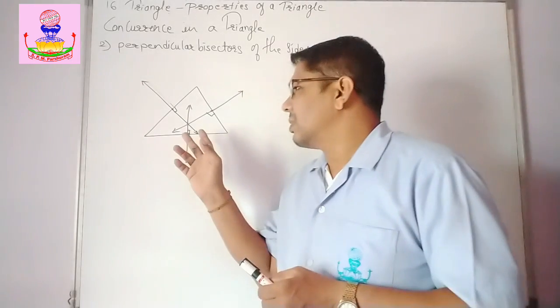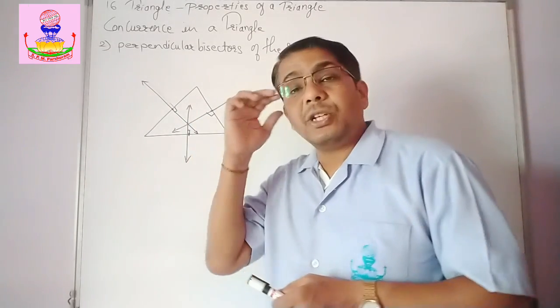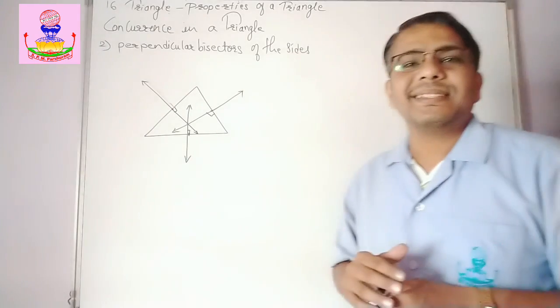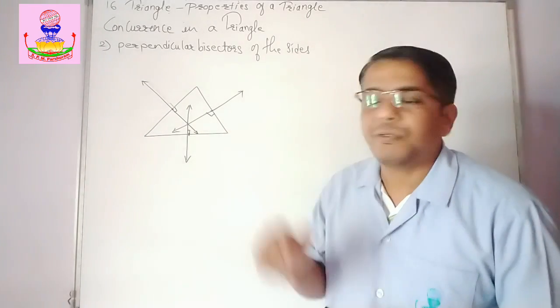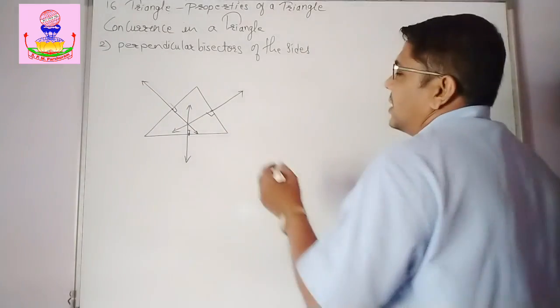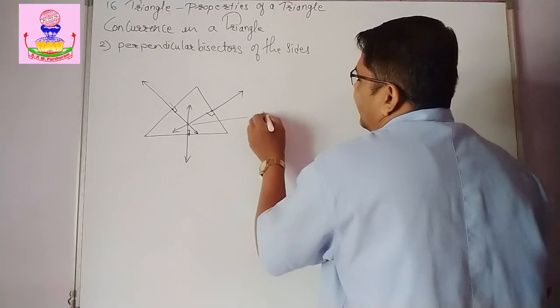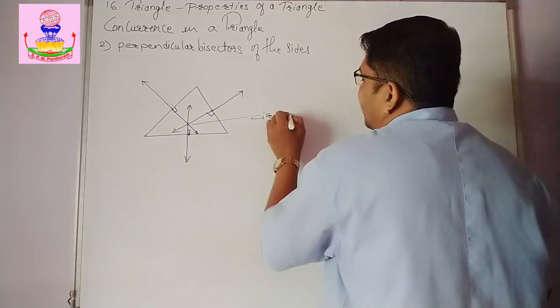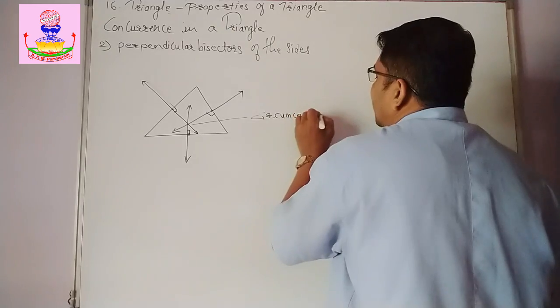They are also concurrent. Now, in case of perpendicular bisectors, this is for acute angle triangle. This point of concurrence is called circumcenter. What is it called? It is called circumcenter.